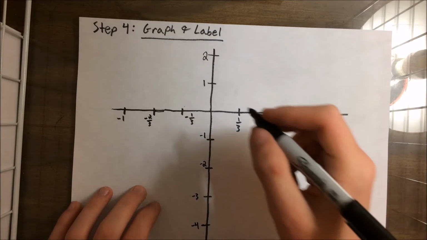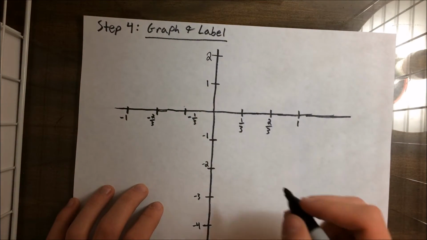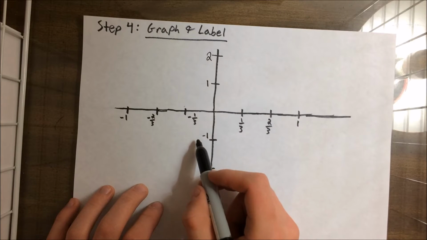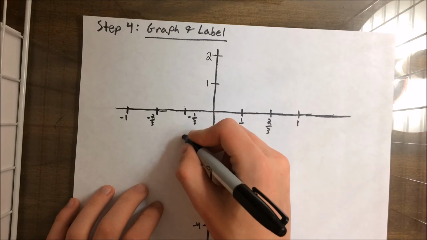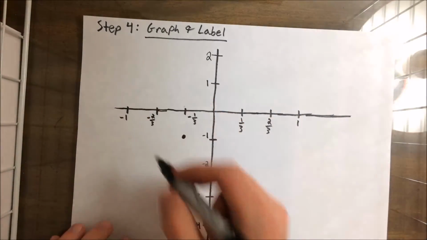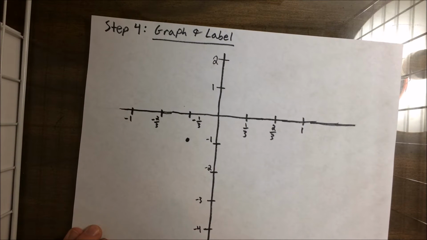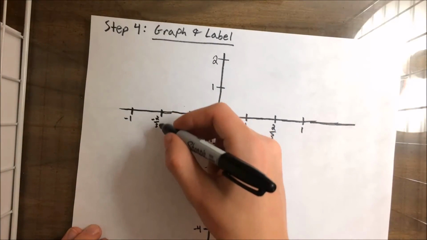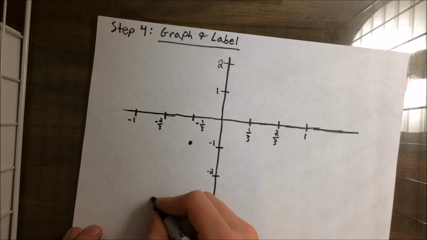So let's go ahead and plot the vertex. The vertex is at (-1/3, -1), so right about here. So that's the vertex. Okay, so let's start plotting the other points. So (-1, -5) should be right about here. (-2/3, -3), so right about there.